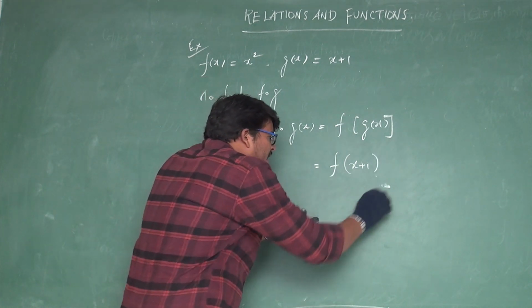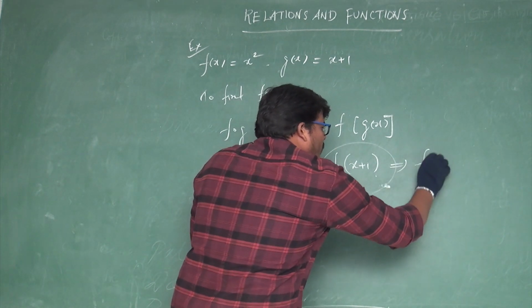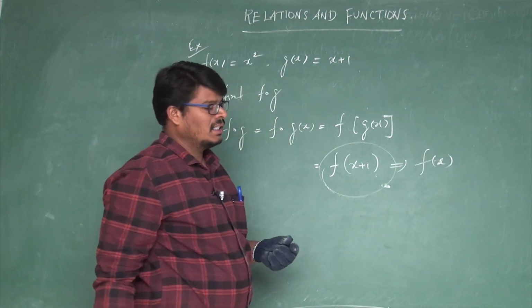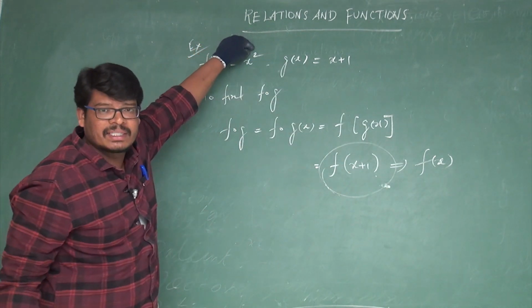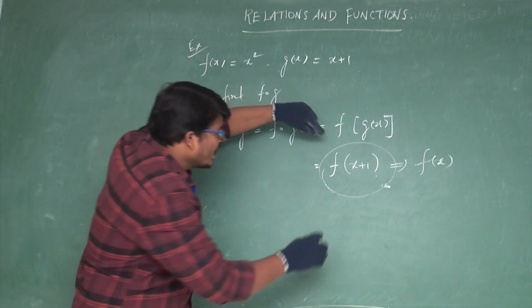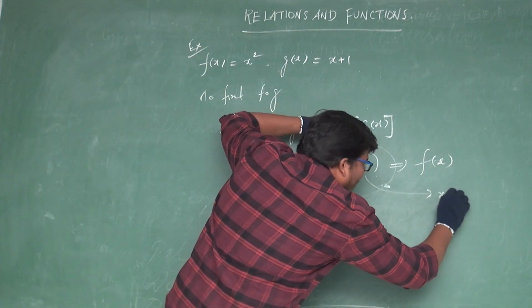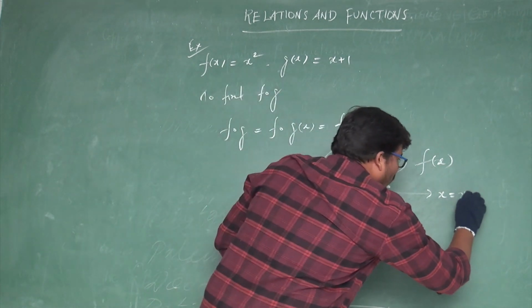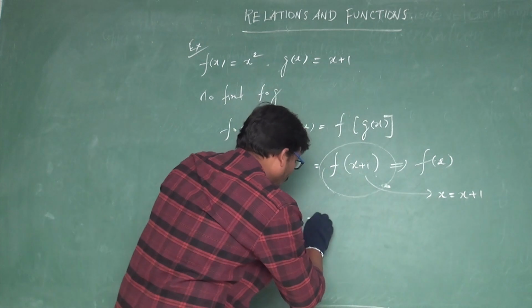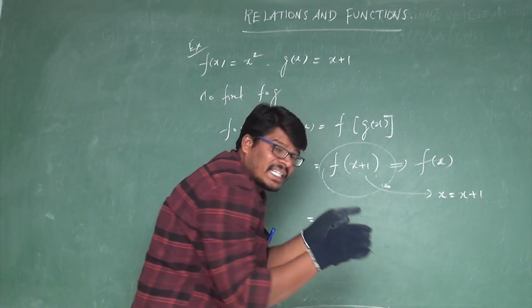The whole function is f of x. Already f of x is given: f of x is x square. Here x is replaced by x plus 1.